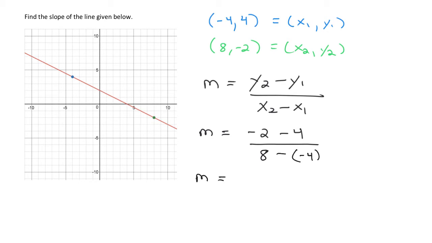In my formula, I get negative 2 minus 4 is negative 6, but 8 minus a negative 4 is 8 plus 4, that's 12. And if I simplify this, I'm going to leave it as a fraction. I know it's got to be negative, and I can cancel a factor of 6.